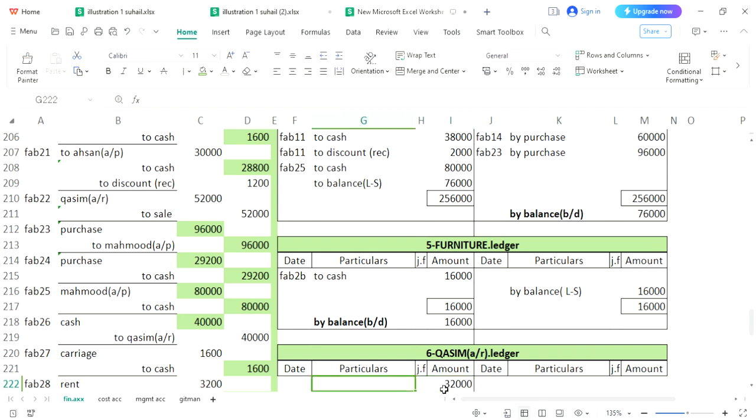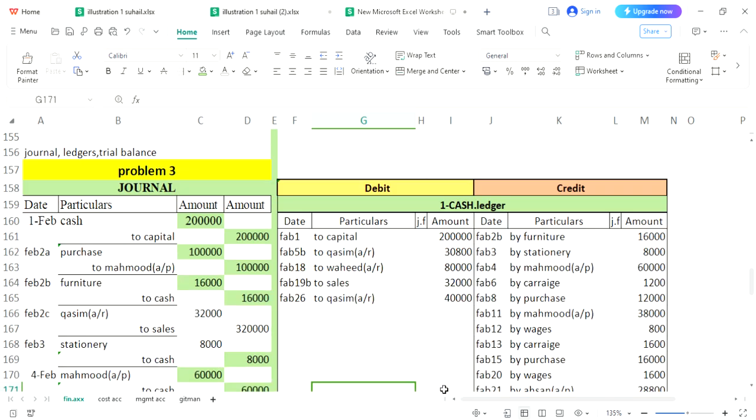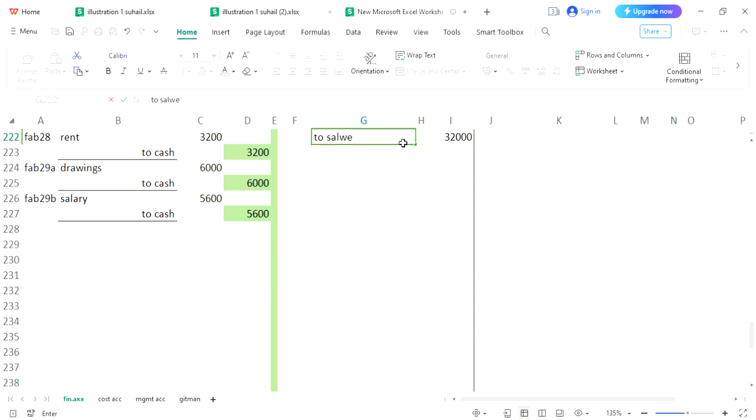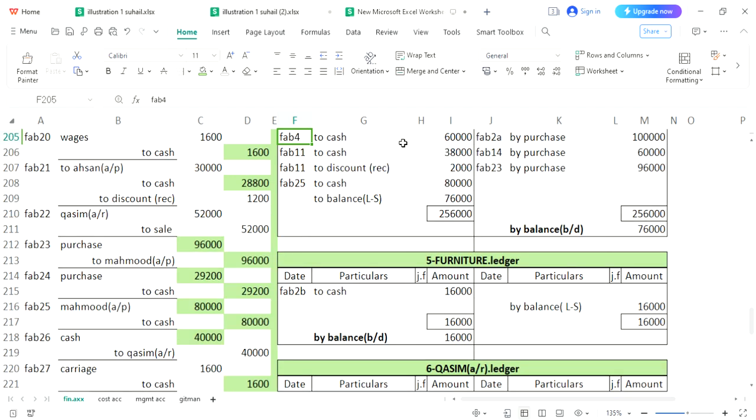Now we will see the reference of Qasim. As you can see, for this Qasim we are posting, what is written on the opposite side? To sales. So we will write to sales here as the reference. After which we need to put the date for 32,000.